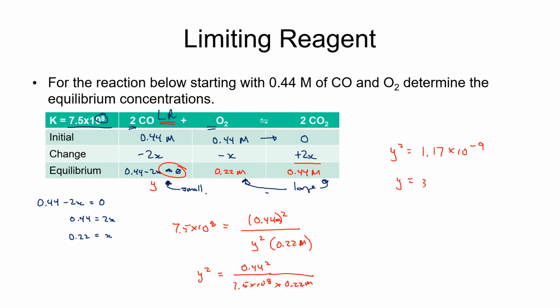And I got 3.4 times 10 to the negative 5 moles per liter. And so that would be your concentration of carbon monoxide. And so we have the concentrations of the other two already from our assumptions, which means you're done. Yay, good job.